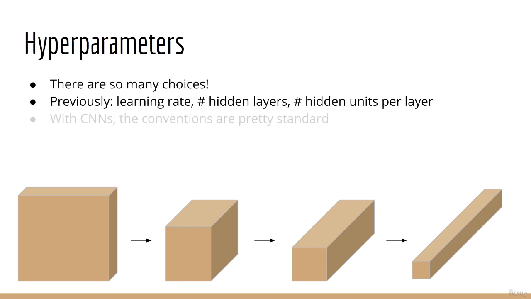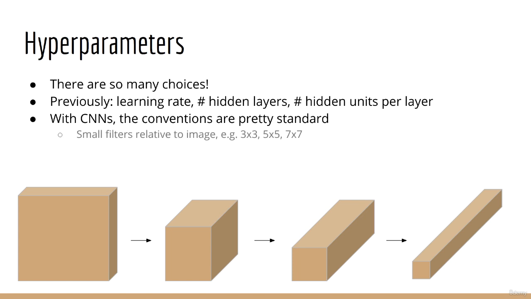But luckily, I think this is one instance where there's a general pattern that most people follow, so you're not going in completely blind. So stick with these guidelines, and you can be sure that you're at least doing things per accepted convention. That is, choosing small filters relative to the image, like 3x3, 5x5, or 7x7. Another guideline is to repeat the pattern, convolution followed by pooling.